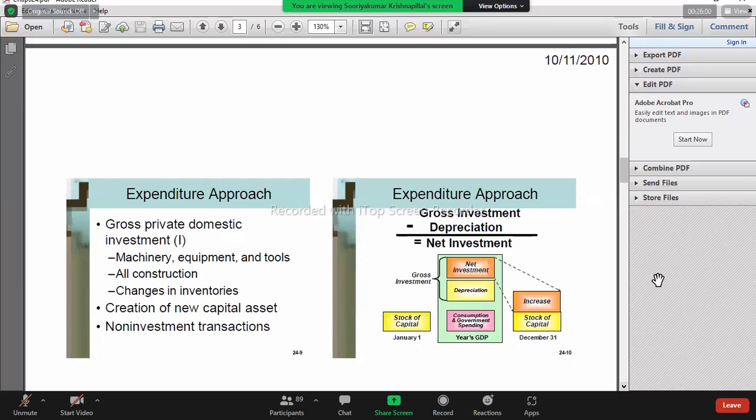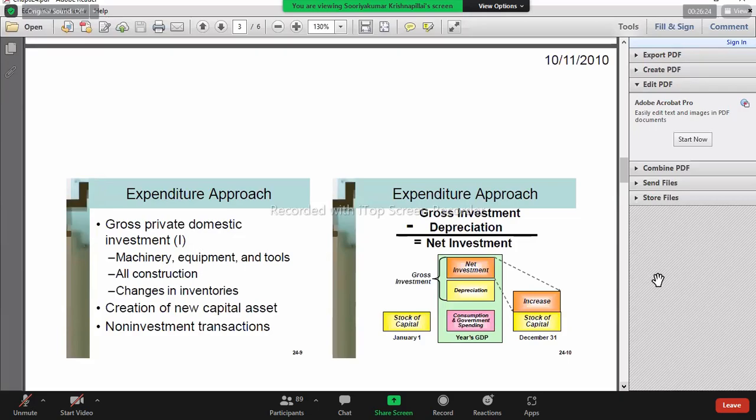Now business sector expenditure. If the business sector spends money, we call that investment. So gross private domestic investment is when the business sector spends money.